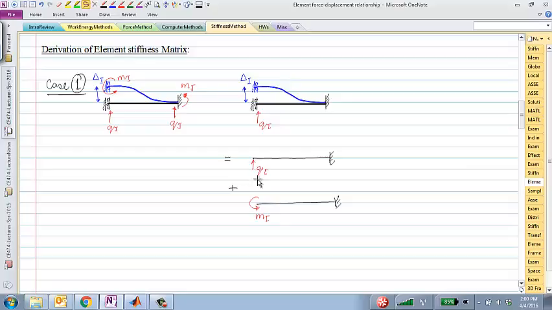So for this particular problem, the bending moment diagram would look like this. The value here would be positive Qi times L, L being the length of the element.